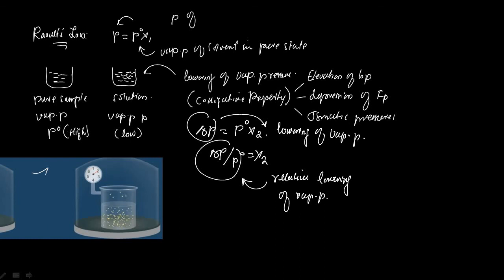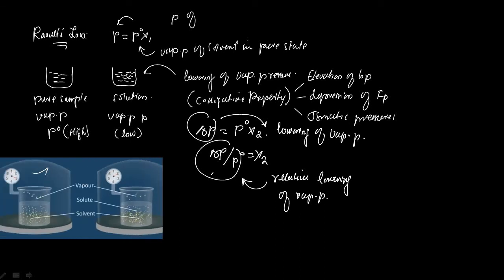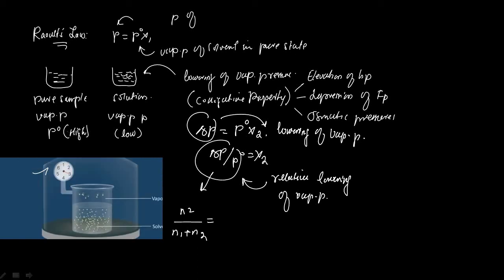For example, if we consider this equation, this can be written in terms of n2, which is the number of moles. The number of moles can be written as W2 over M2, or this can be written as W1 over M1.